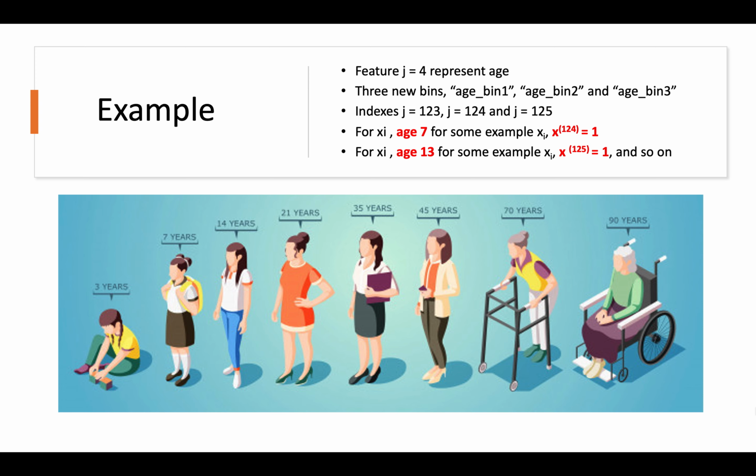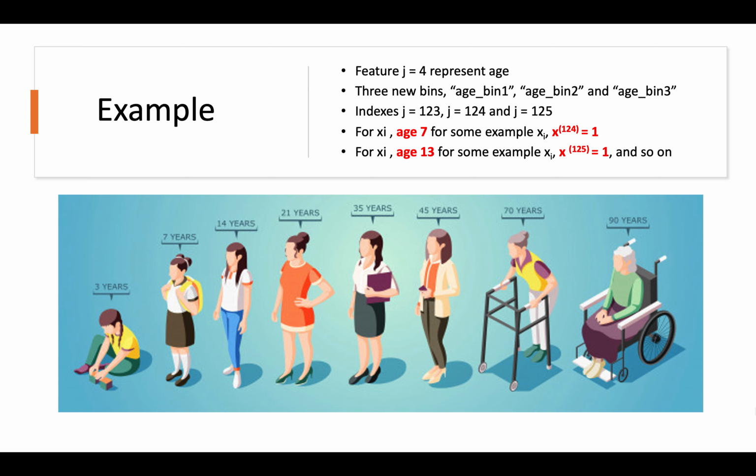So in our feature vector, you remember the structure of the feature vector, right? We had for our x1, x11, x12, and so on to x1 D. So imagine the feature where j is equal to 4 represents the age. And by applying binning, we replace this feature with the corresponding bins.